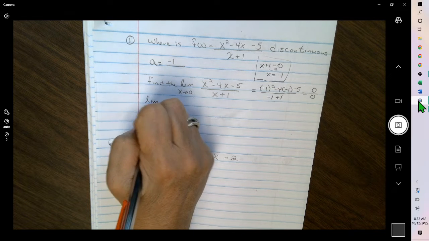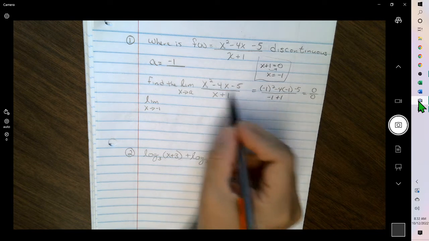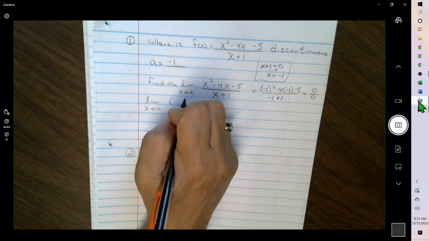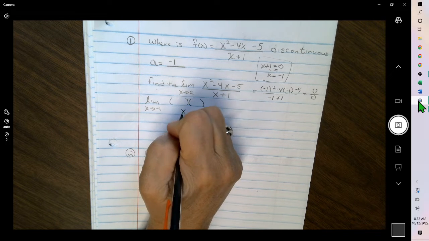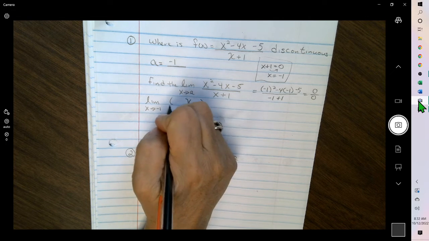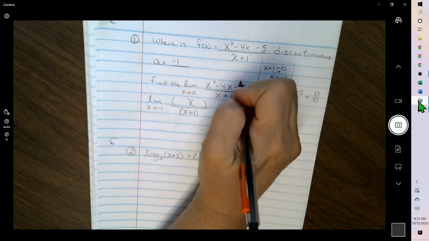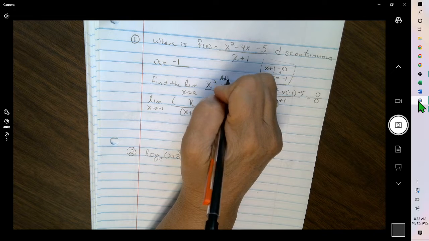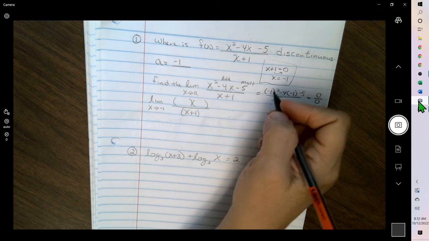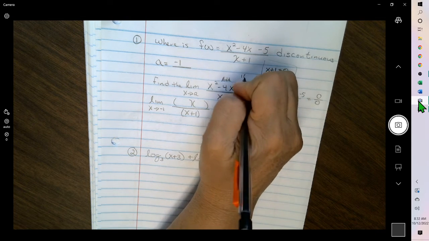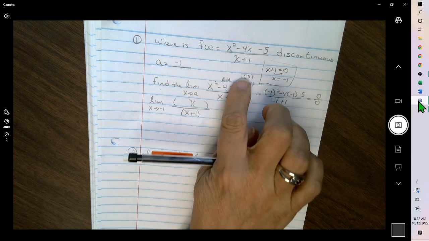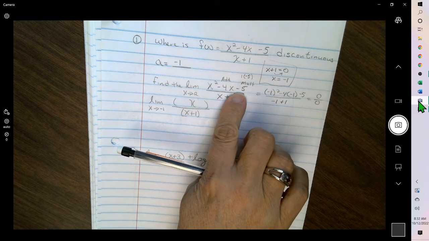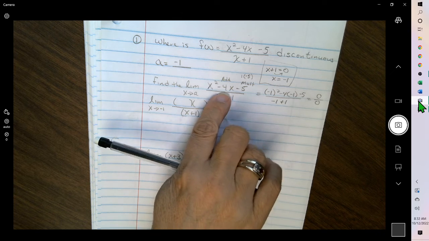So the limit as x approaches -1. The top is factorable. Two numbers, when we multiply, we get -5. Then when we add, we get -4. 1 and -5. When you multiply those, you get a -5. When you add them, you get a -4.